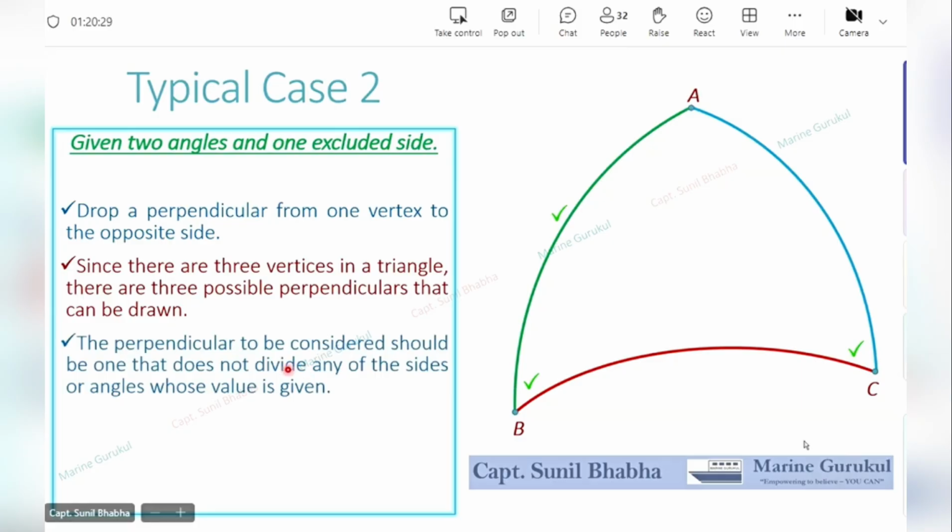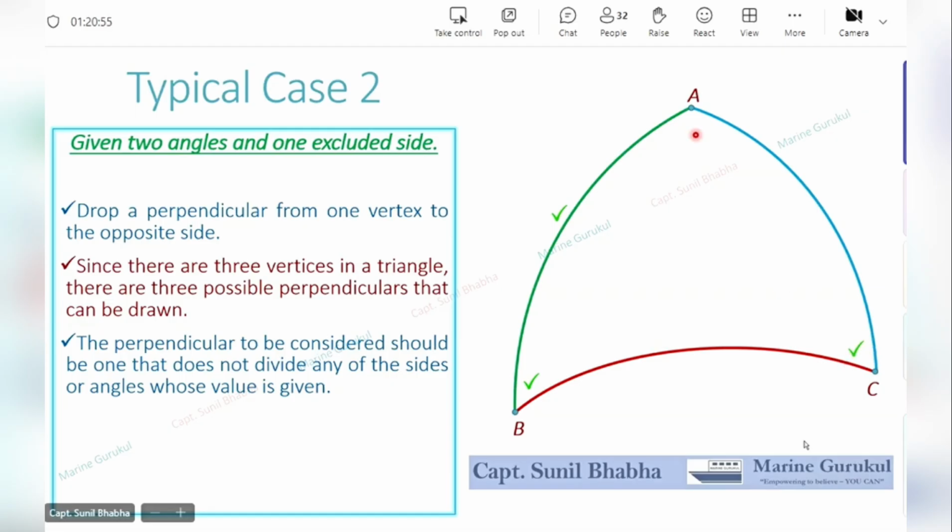The vertex for the perpendicular should be the one that does not divide any of the sides or angles whose value is given. If I pick angle Bravo as my vertex and drop a perpendicular, angle Bravo is given to me, so this should not be picked. If I pick angle Charlie, again the perpendicular is going to divide angle Charlie, so this also should not be picked.